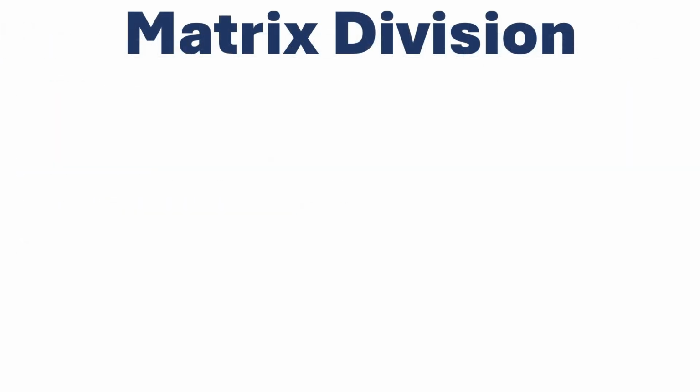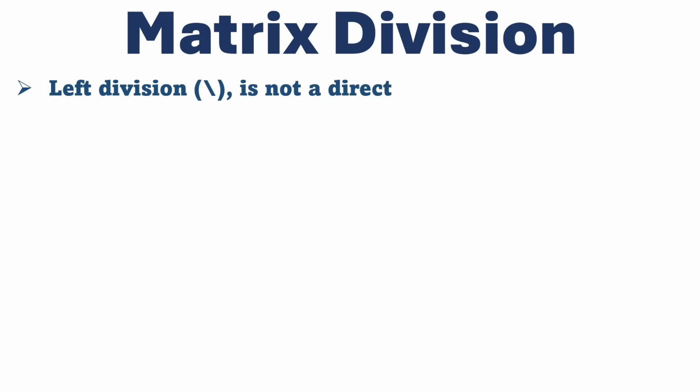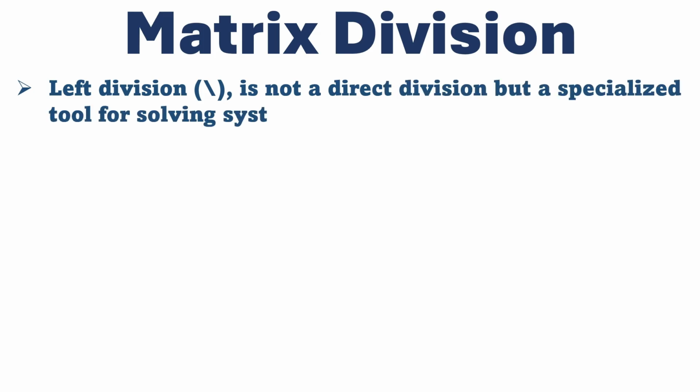Now let's look at matrix division, how division works in MATLAB with matrix operations. The backslash operator gives left division. A backslash B is known as matrix left division.